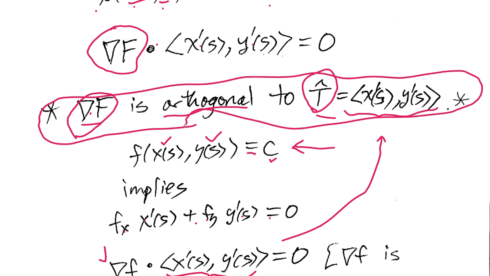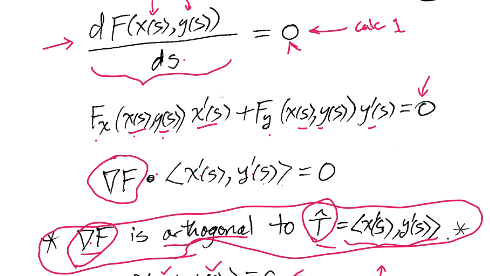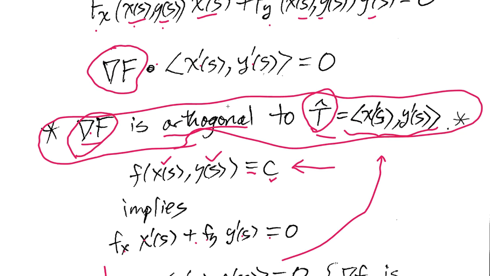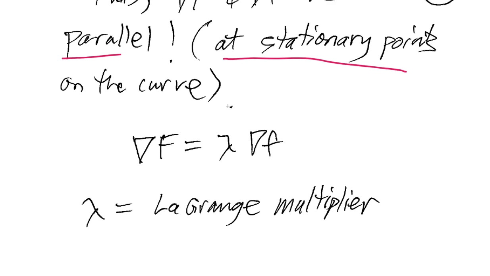This is only at stationary points on the curve. When I say stationary points, I mean places where this holds: maximum and minimum values, possibly other types of points also, but any place where the derivative of cap F with respect to s at points on those curves is 0. All right.